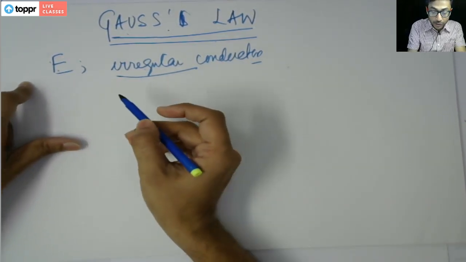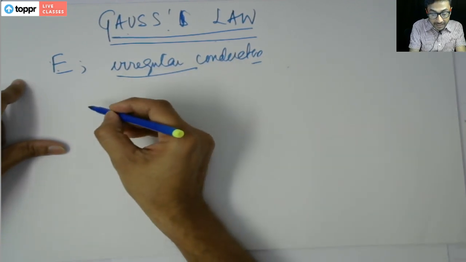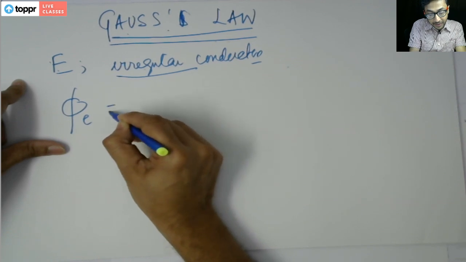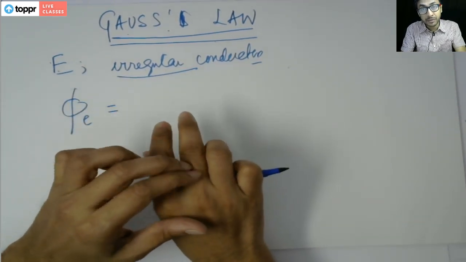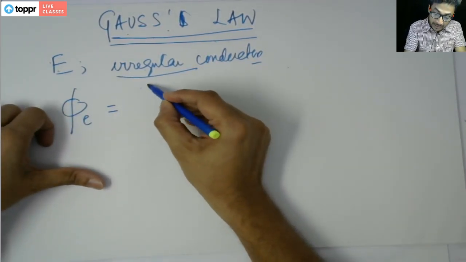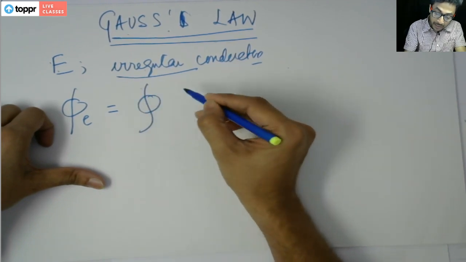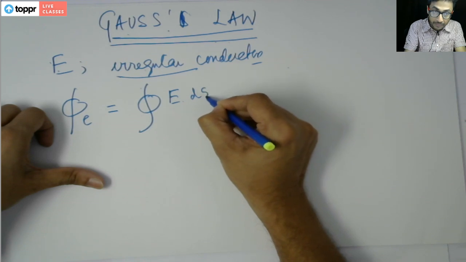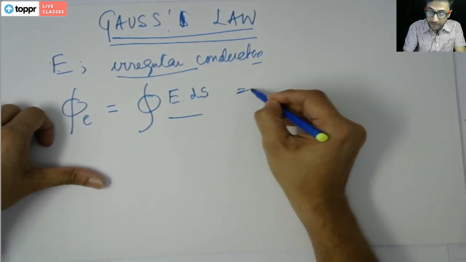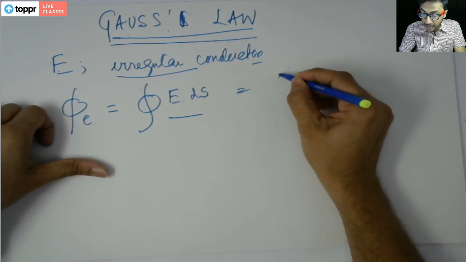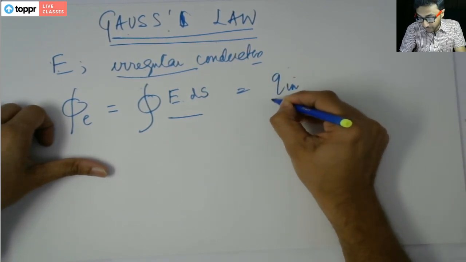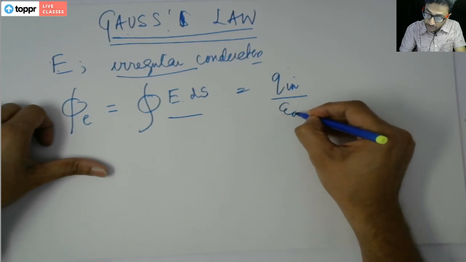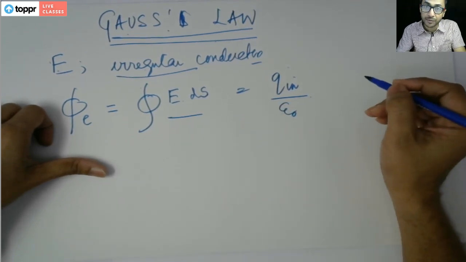So what does Gauss's law say? It says that the electric flux through a conductor is nothing but the integral of the electric field, which is equal to the charge enclosed within the conductor divided by epsilon 0.